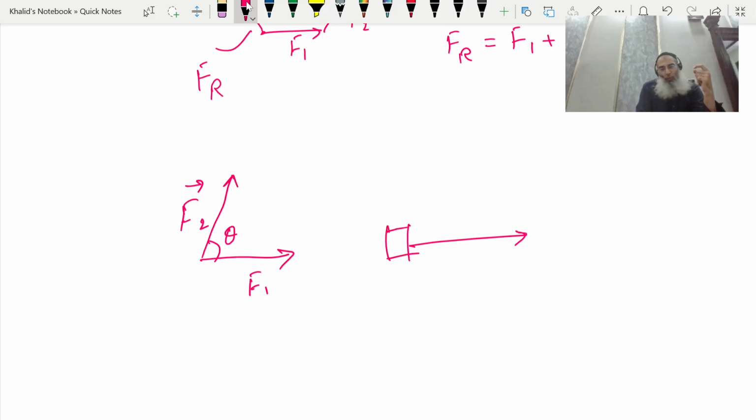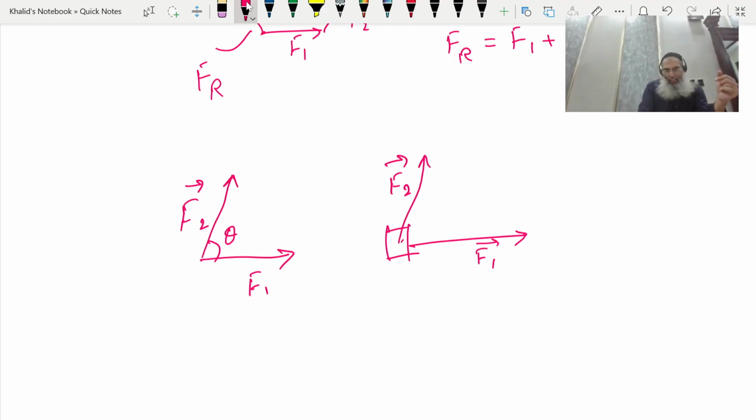One force is pulling it this way, F1, and the other force is pulling it this way, F2. What will happen? Body will move this way and also this way. So a path that is a combination of both paths is in between these two.